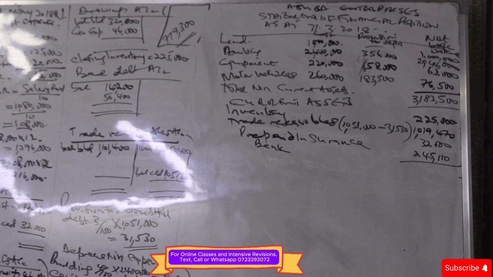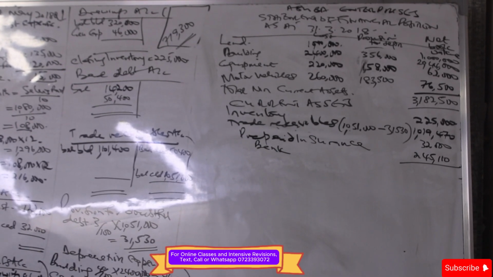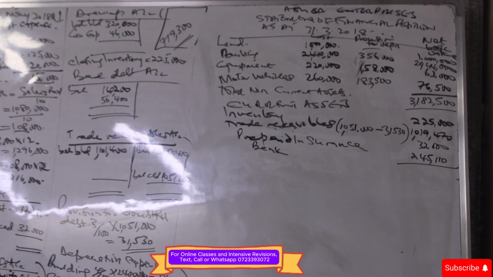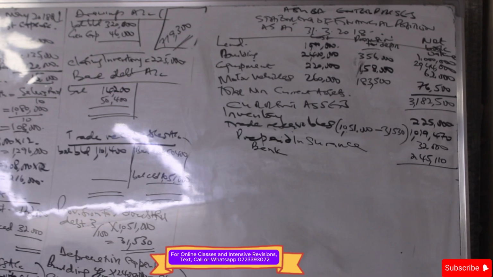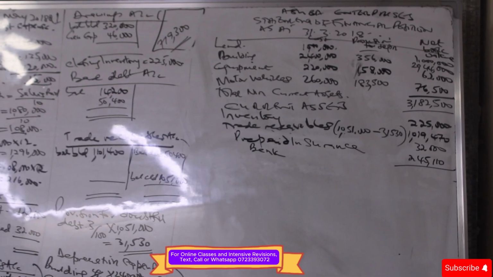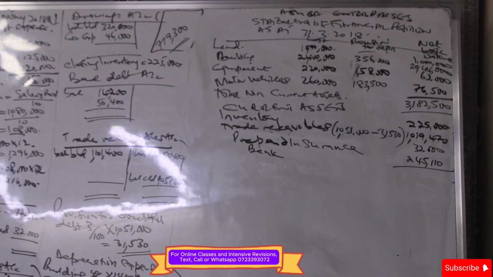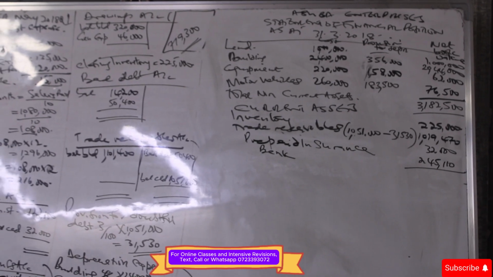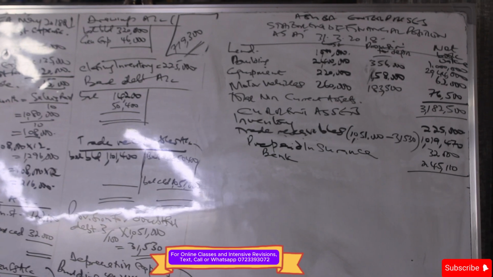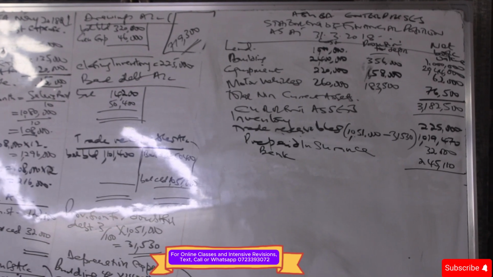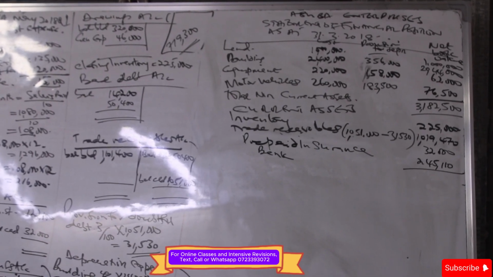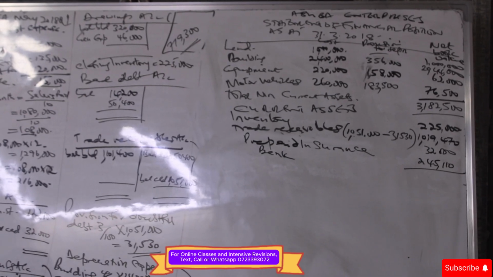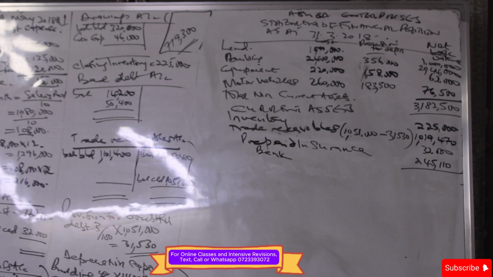225,000, plus 1,019,470, plus 32,000, plus 245,110.